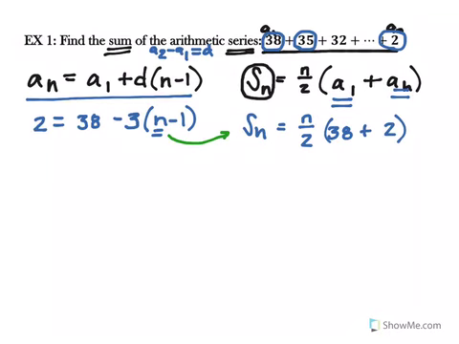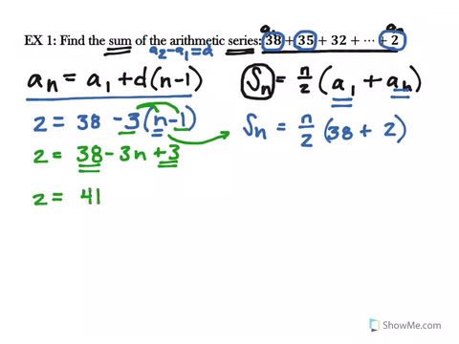So let's distribute the negative 3 into both terms, giving us 2 is equal to 38 minus 3n. Negative times a negative becomes a positive 3. Then combine like terms on the right side, so 2 is equal to 41 minus 3n.